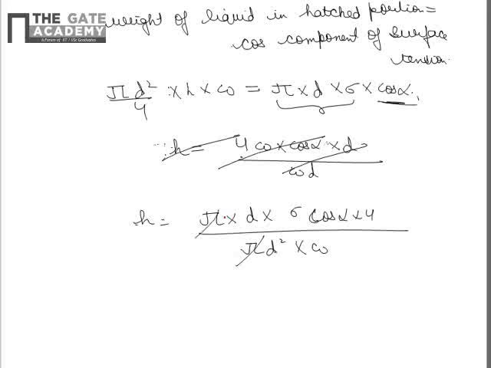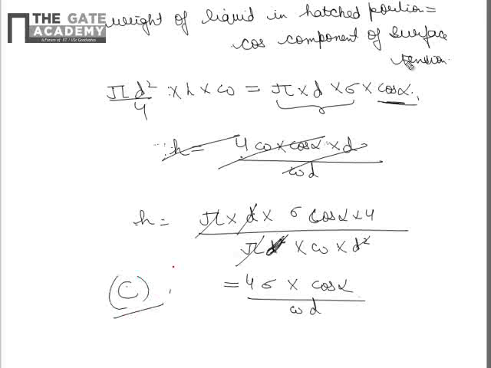So pi and pi cancel, and one d cancels from d square, which comes out as 4 sigma cos alpha divided by omega d. This is only omega d. So making option C the correct answer. So the correct answer for question number 26 is C.